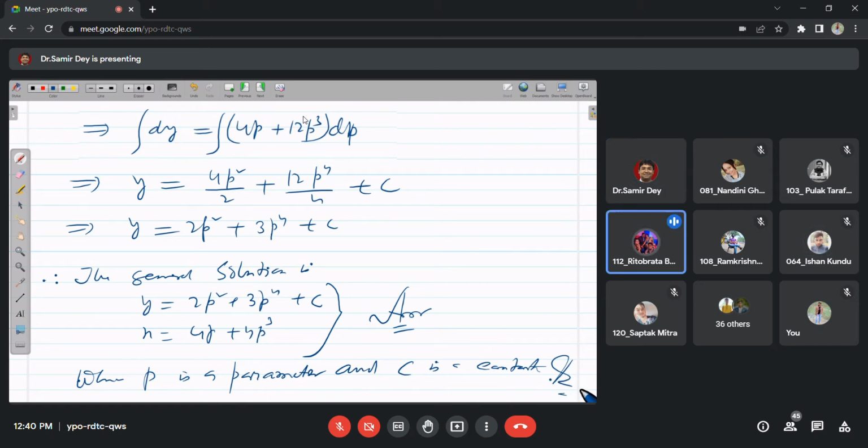Sir, in the midterm syllabus, there is one portion that is scale change theorem. Could you please define it once? Which one? One by one. Please tell me. Sir, I was saying that in the midterm syllabus, there is one portion that is scale change theorem.